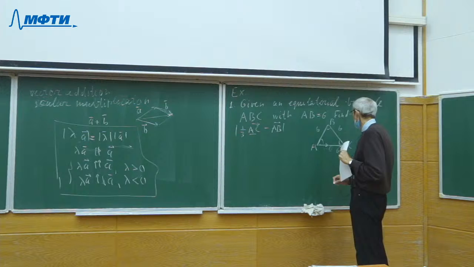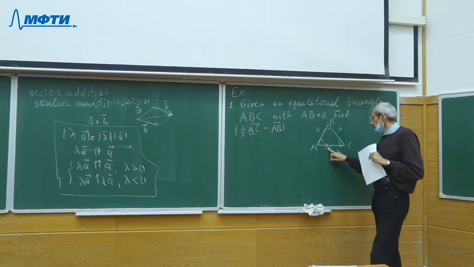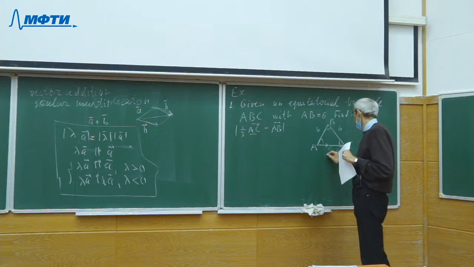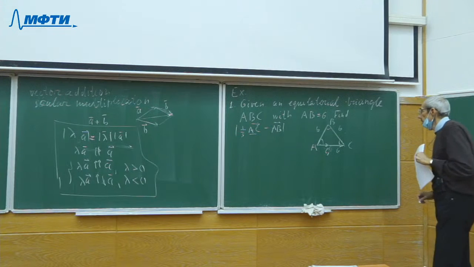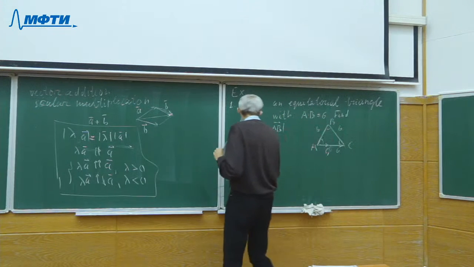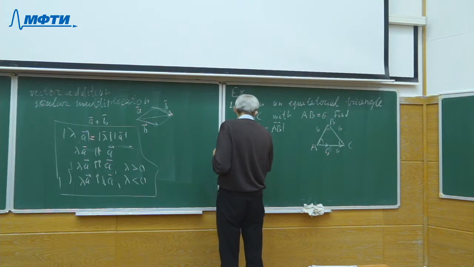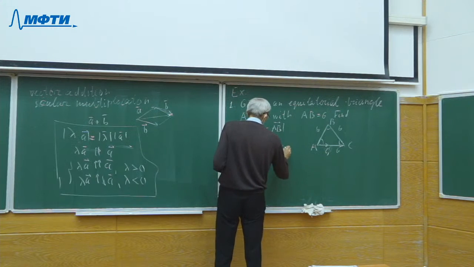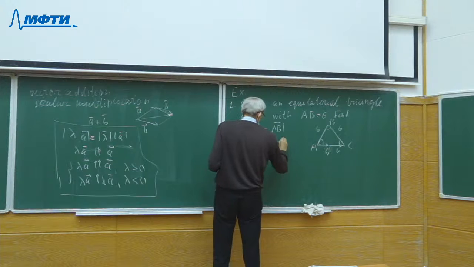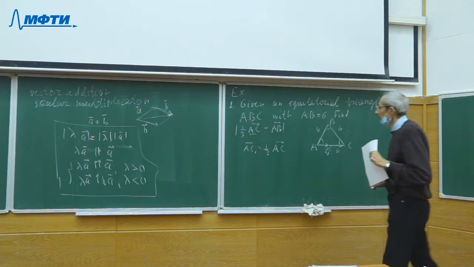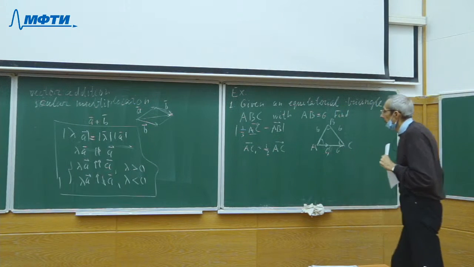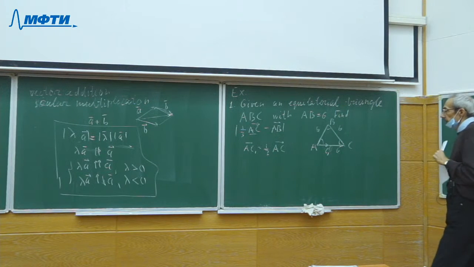Let's denote the endpoint of this vector by maybe C1, and AC1 is equal to the ratio 1:3 multiplied by the vector AC.